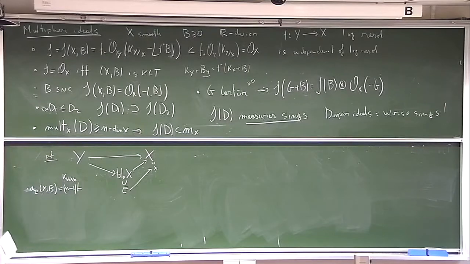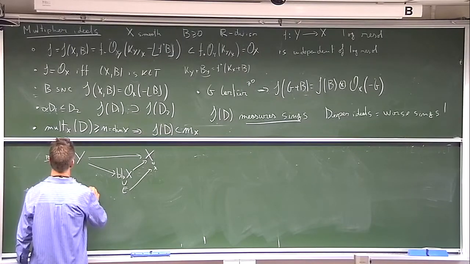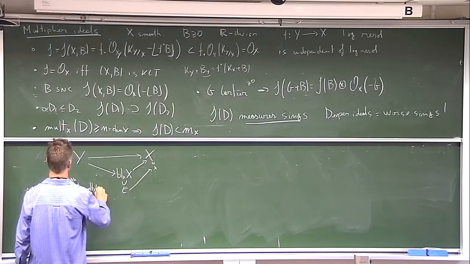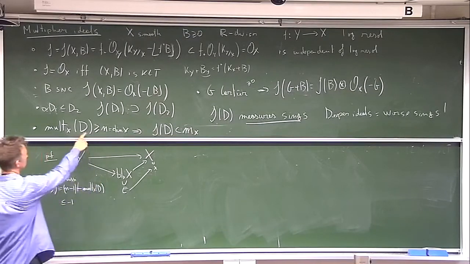Minus, what contribution do we get from B? Well, we get precisely the multiplicity. You could think of that as your definition, right? When you blow up at the point, the pullback of B will be its strict transform plus the multiplicity at the point times the exceptional divisor. So minus the multiplicity at x of D. And this, by assumption, is less or equal to -1, since the multiplicity is greater or equal to n.